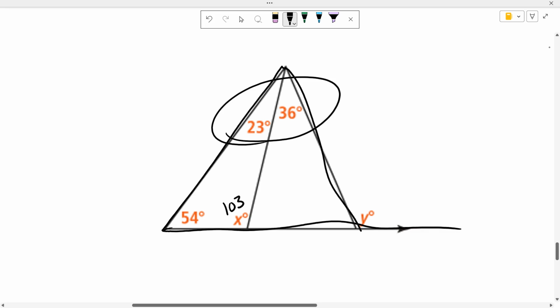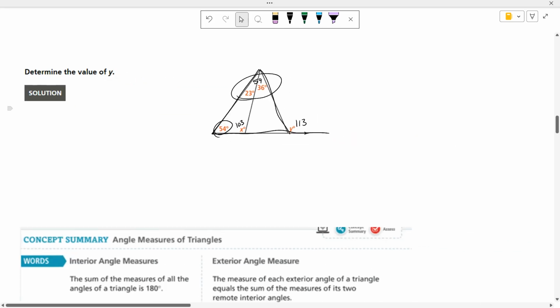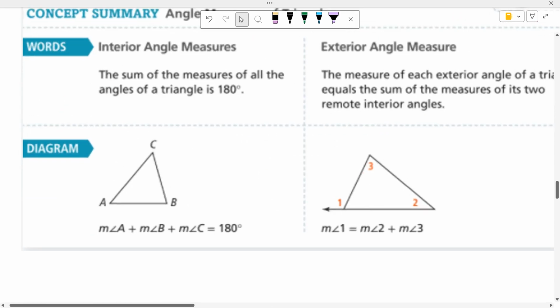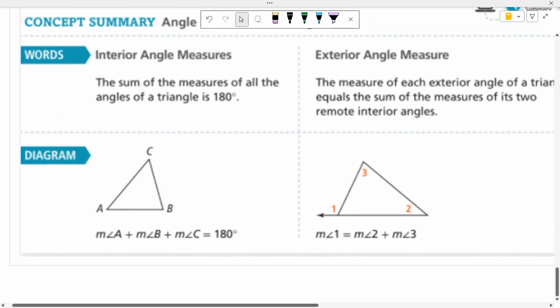So these two add up to 59, right? And this is 54, which added up is 113, correct? So the exterior angle is 113. Okay, so interior angles add up to 180. Exterior angles equal the sum of their two remote interior angles. Okay, that's what this next section is.